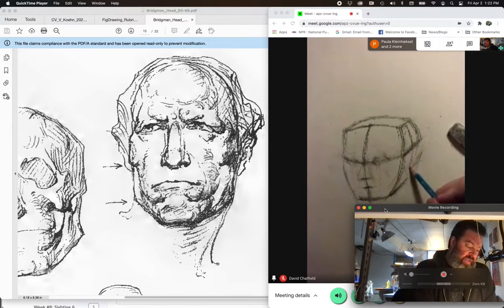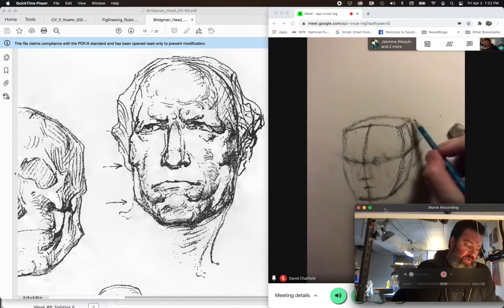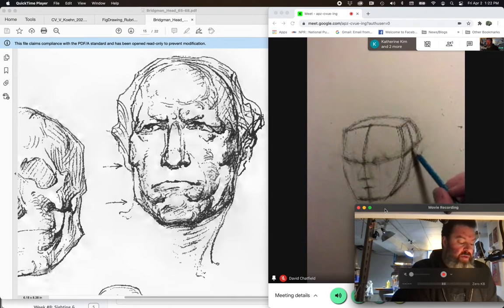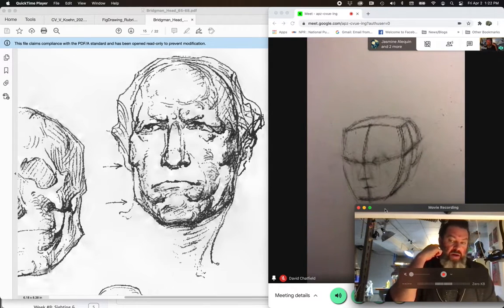So I will divide the side in halves as well. I'll do a vertical and a horizontal line, and I usually draw these lightly. I'm drawing them very dark for your purposes, and this intersection is about where the ear is. And oftentimes the bottom of the ear will line up with the mouth.